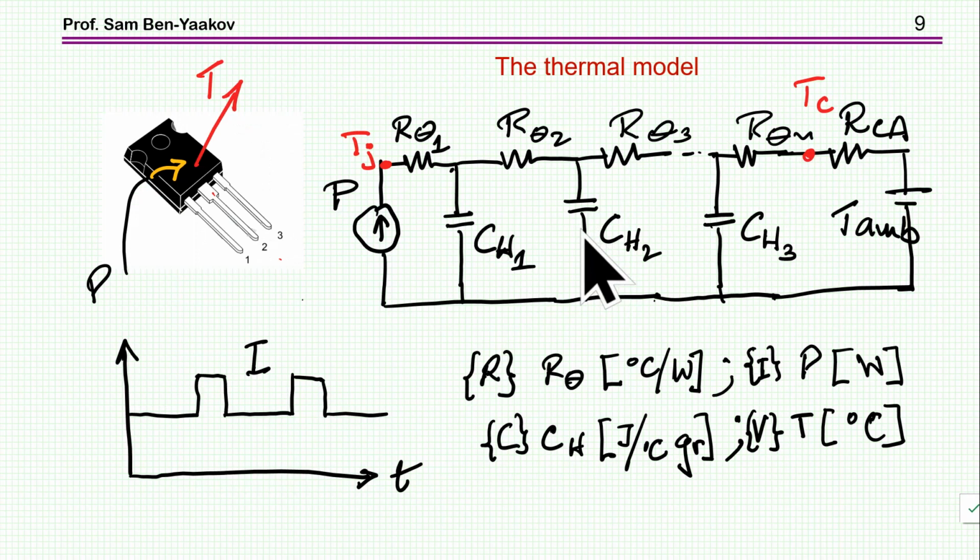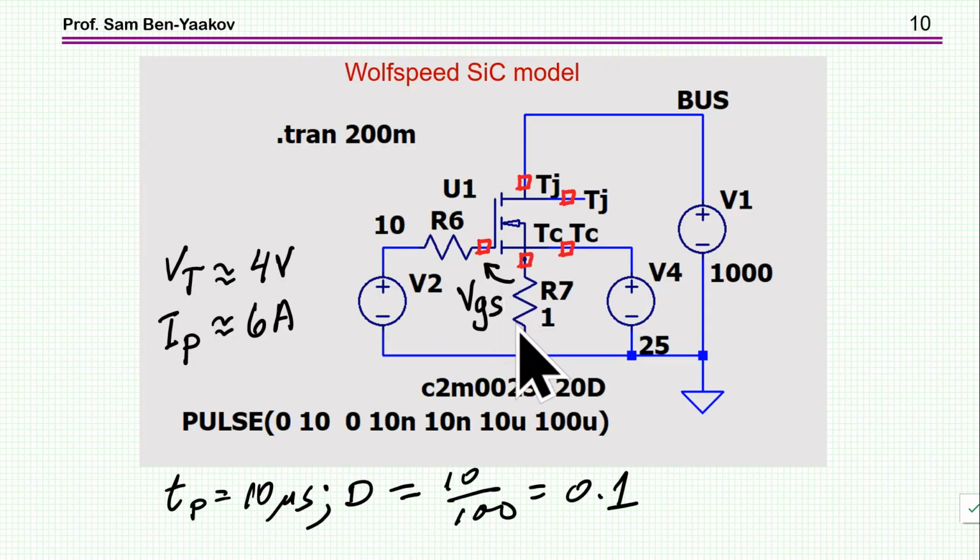Some vendors will give it as a separate unit that you can use during simulation to find out the instantaneous power, and you get this value. Or some vendors, and we see more and more vendors, are giving a model of a transistor that includes this equivalent circuit. So here is an example. This is just one example. As I've said, other manufacturers are providing similar models, and this is for Wolfspeed, the Cree.